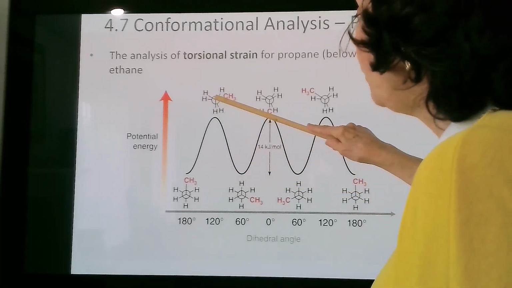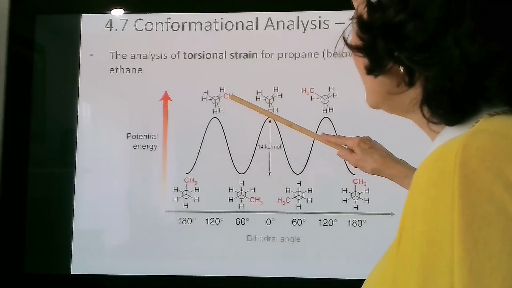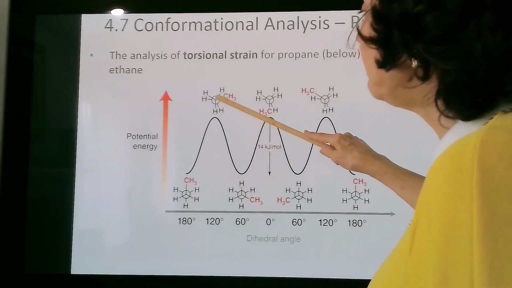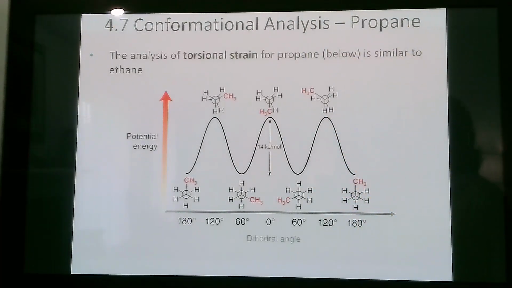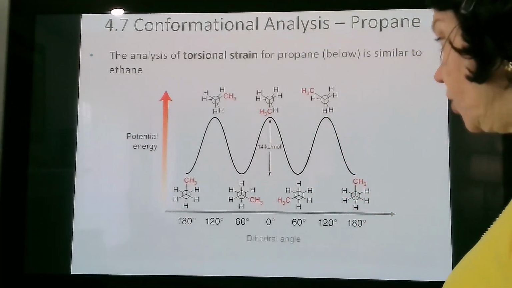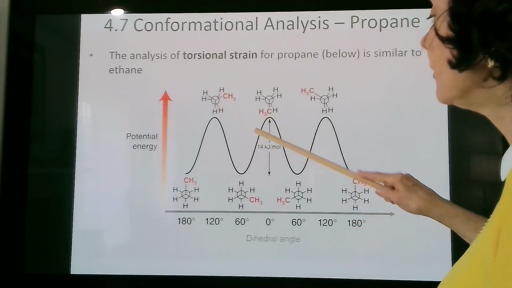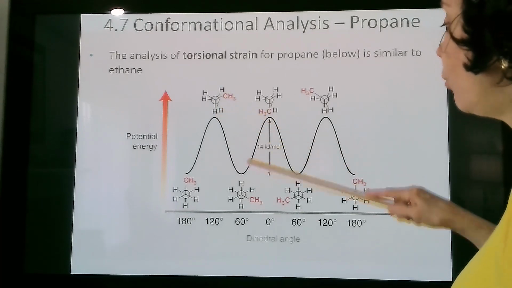So here would be 4, here would be 4. That's 8. So what's left over is 6. So it's calculated that the eclipsing of a CH bond with a methyl substituent is worth 6. Okay, so it's 4 plus 4 plus 6 equals 14. 4 is 8 plus 6 is 14.